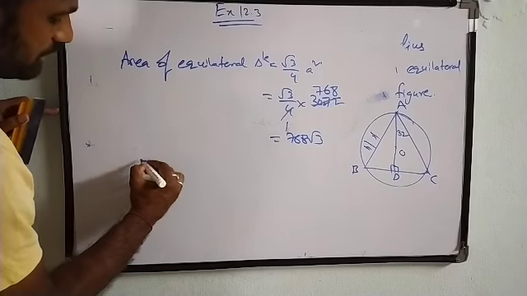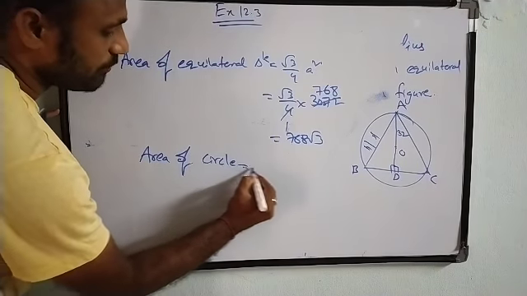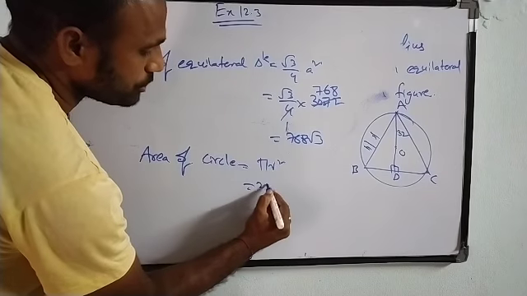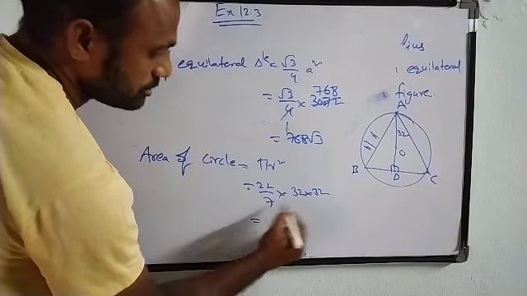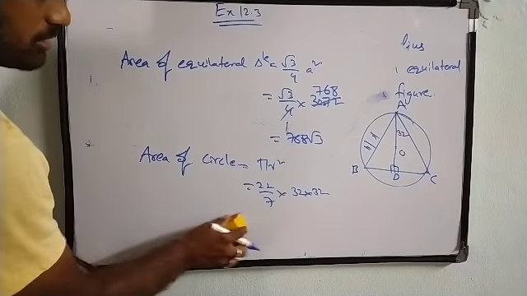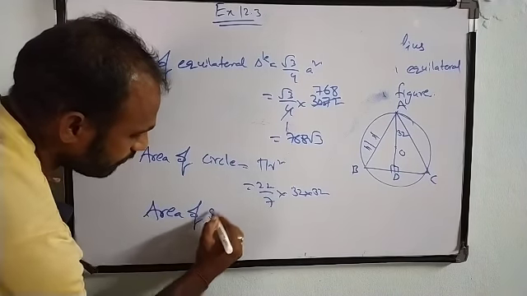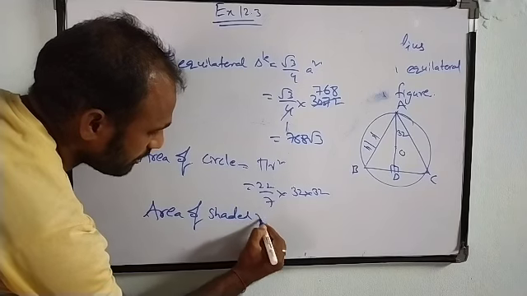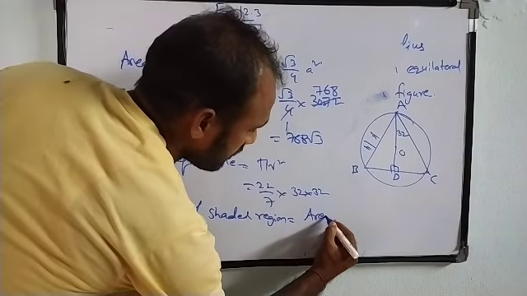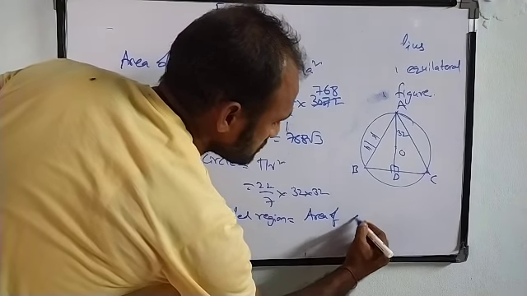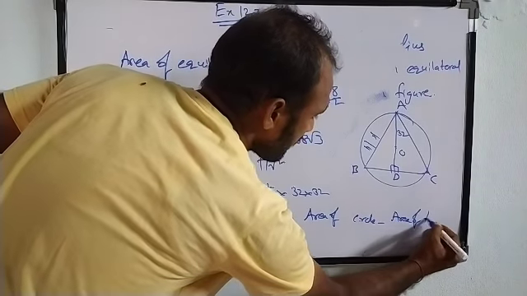Next, the area of circle we have to find, which is pi r square, that is 22 by 7 into 32 into 32. We can keep it as such. So area of shaded region is equal to area of circle minus area of triangle.